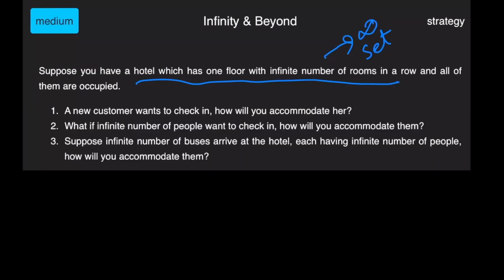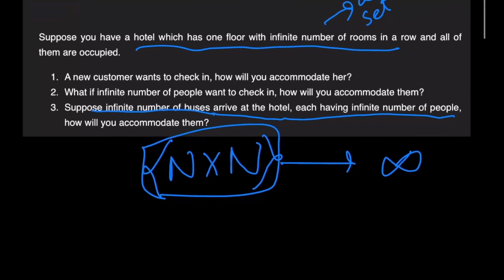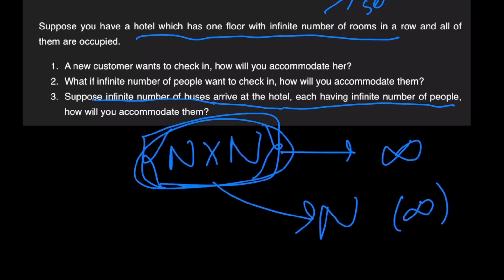So coming to the third solution, and this one is a bit tough. Basically, we've been given an n cross n set, right? Since it says we've been given an infinite number of buses arriving at the hotel, each having an infinite number of people, where n here basically is a template for infinity, right? So we have been given an n cross n set, and the problem is that we have to map all of these values to an n set, which is a linear infinity set.